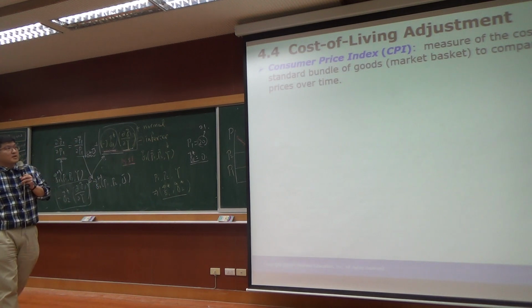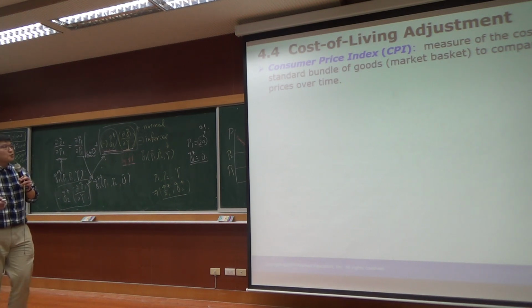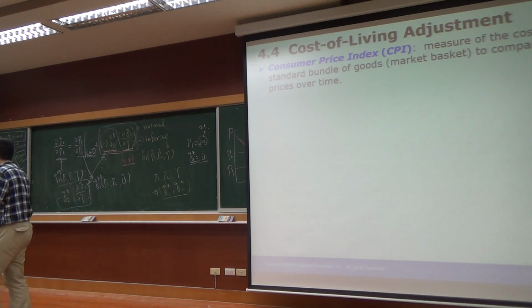CPI, Consumer Price Index, measures the cost of a standard bundle of goods. Usually we call it the market basket, to compare prices over time. So what about the price level, say 50 years ago compared with nowadays?